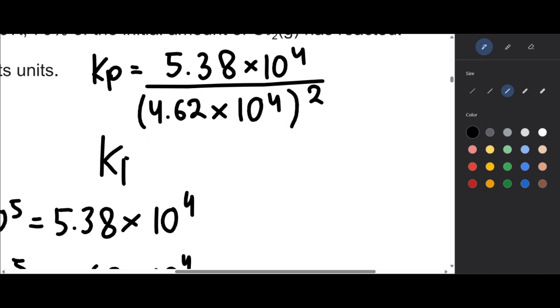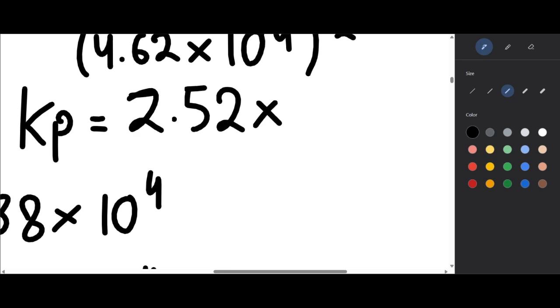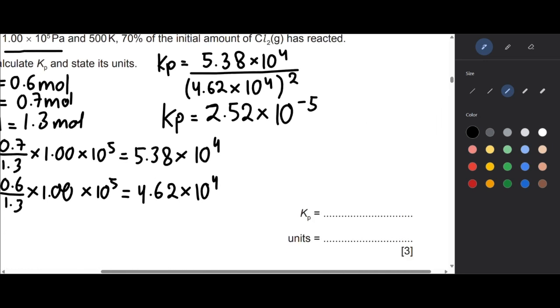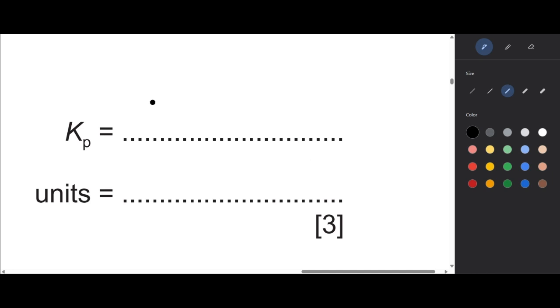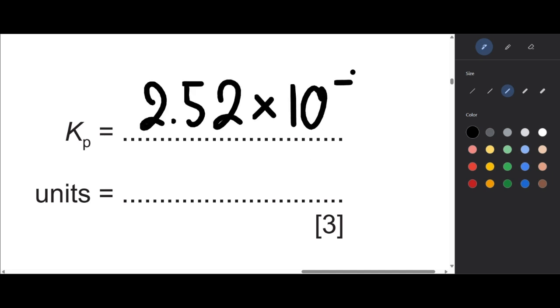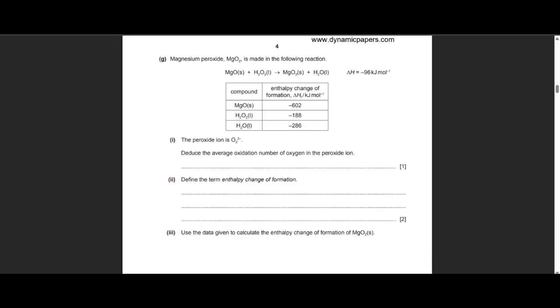When we use a calculator, we get the result 2.52 times 10 to the power of minus 5. And the unit is Pa minus 1. So just put in here 2.52 times 10 to the power of minus 5, the unit is Pa minus 1. This is the answer. Okay, we move to the next question.